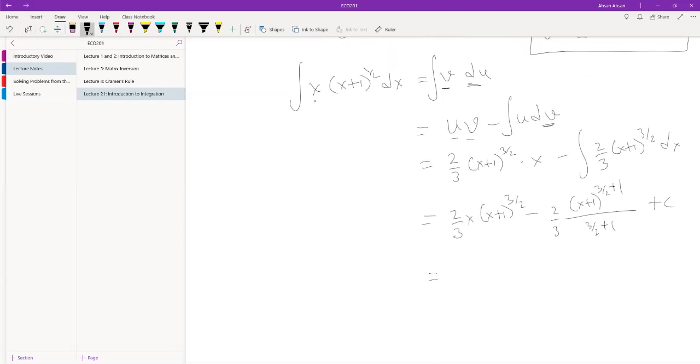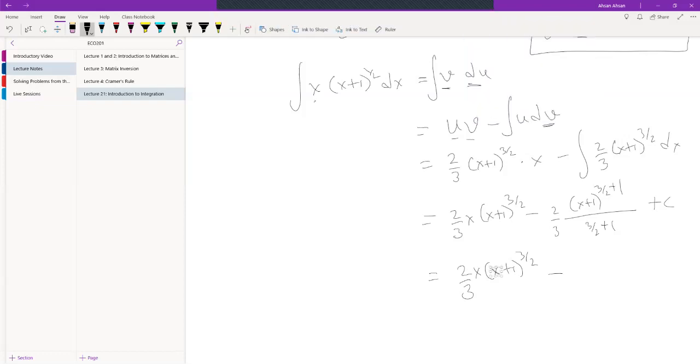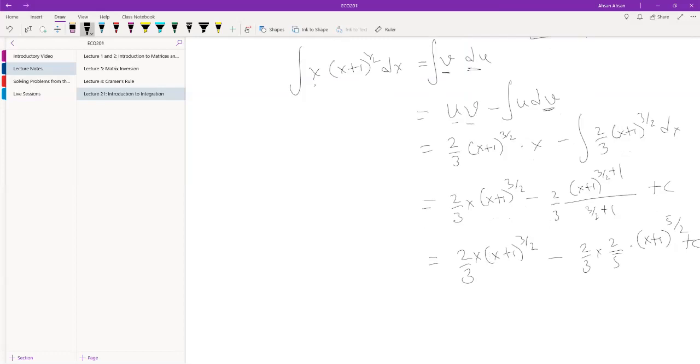So what this becomes is 2/3 x (x plus 1) to the power 3/2, minus, this will be 5/2. Okay, so that means what we are going to get is 2/3 times 2/5 times (x plus 1) to the power 5/2 plus c, of course.